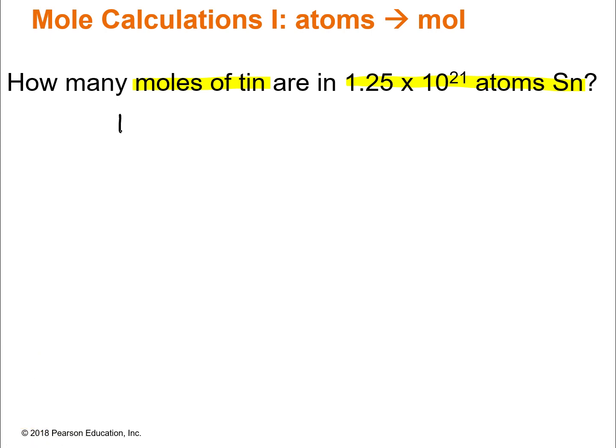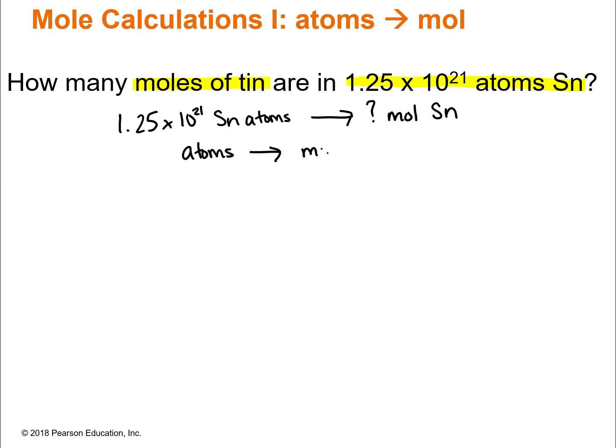We've got 1.25 times 10 to the 21 tin atoms. And we need to know how many moles. We've got a number of atoms, question mark moles. That makes this an atoms to moles conversion.